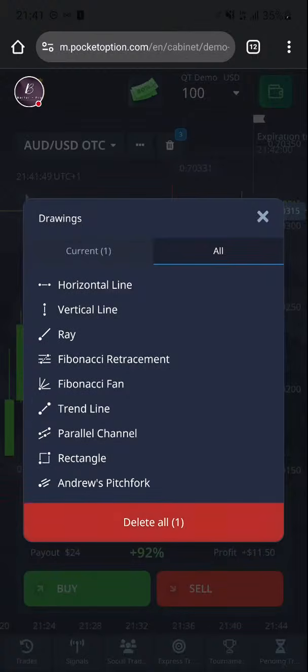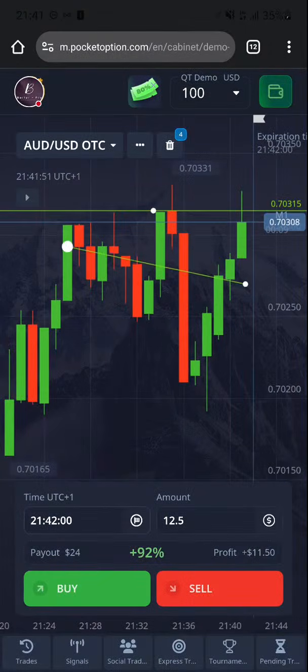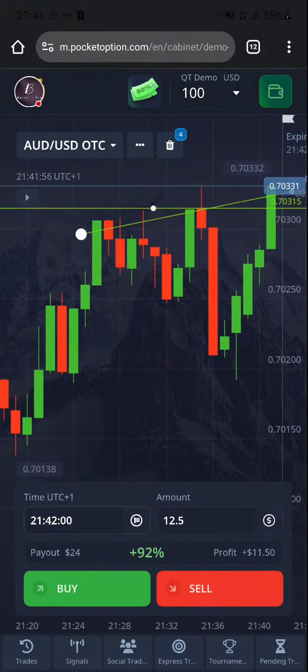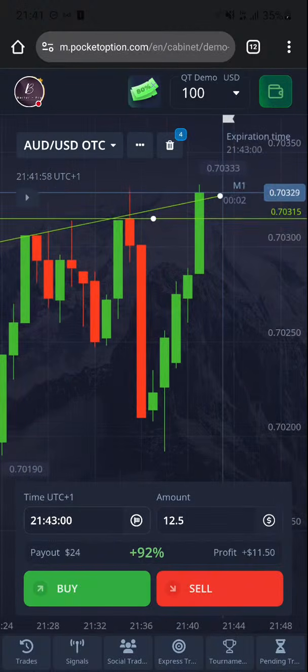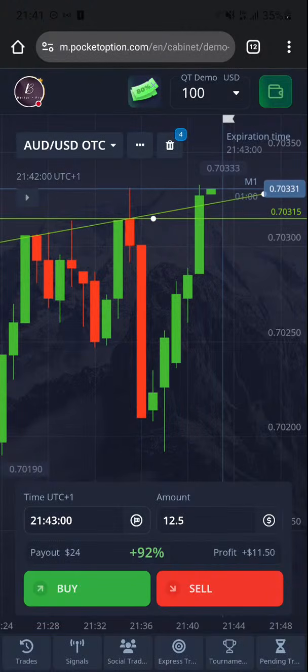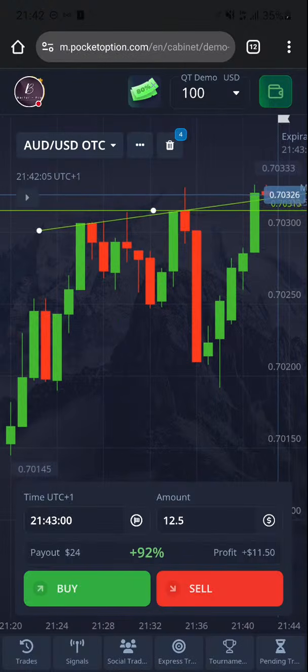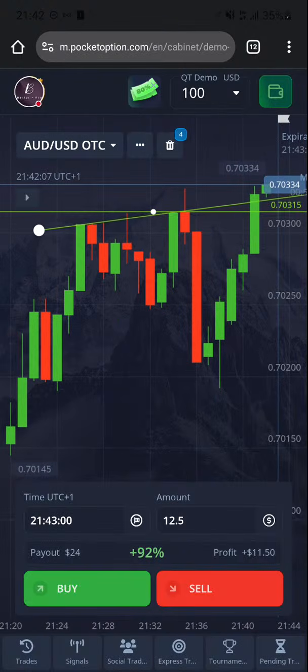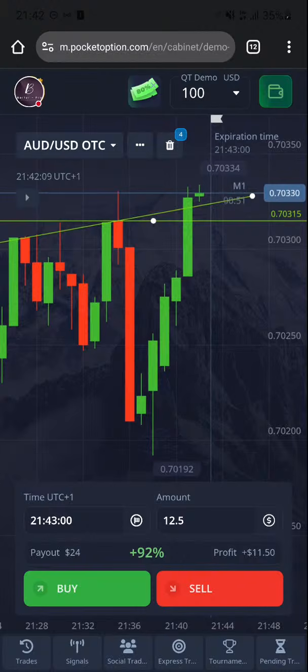Let's see how this market is. I would have gone with the sellers here, but the market doesn't look good, and we have this momentum.